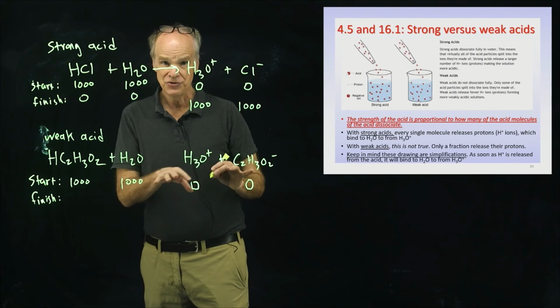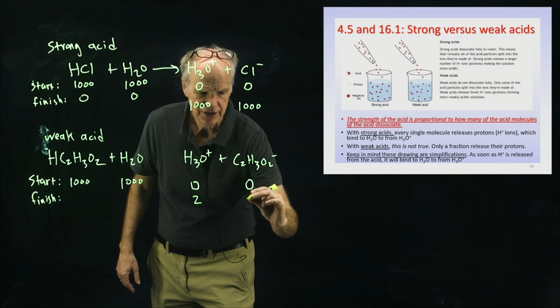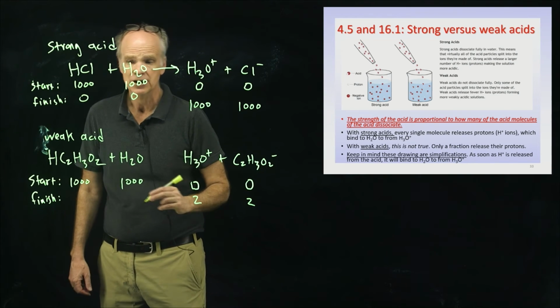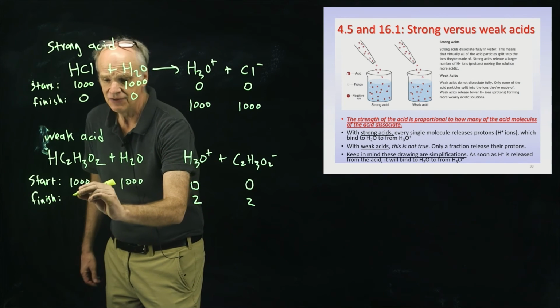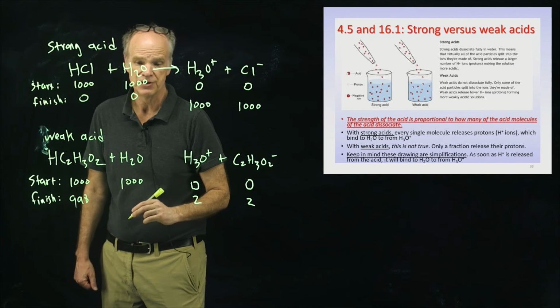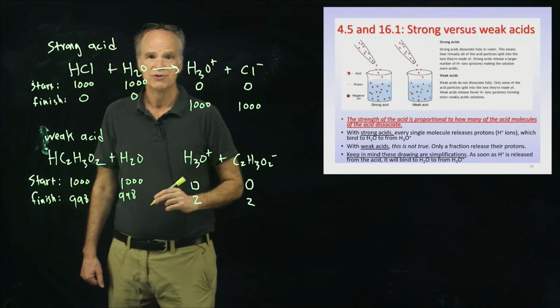So here, after the reaction is over, maybe we've only formed 2 hydroniums and 2 acetates. So what does that mean after the reaction is over? Basically we still have 998 acetic acid molecules that are unreacted and 998 molecules of water that are unreacted.